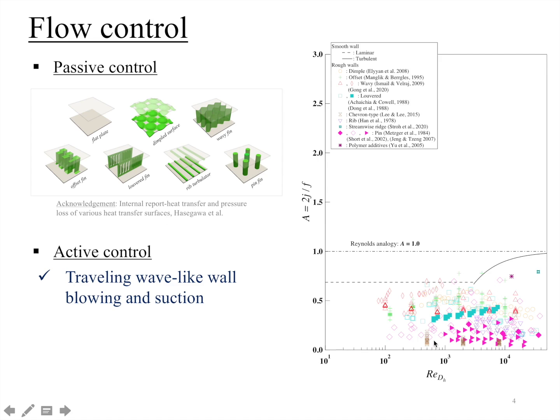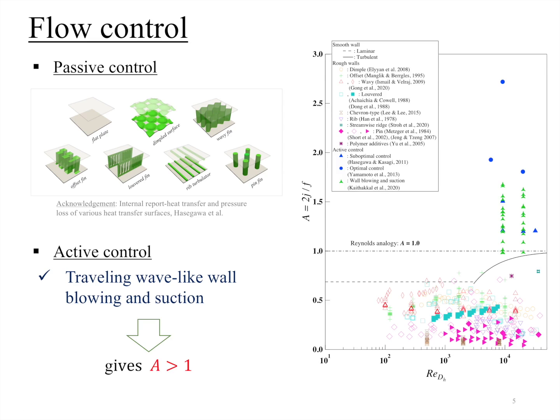And as you can see, almost all the existing passive control techniques result in a value much lower than 1 for the Reynolds analogy factor A. Whereas it has been established that a traveling wave like wall blowing section can achieve a value greater than 1 for the analogy factor, especially under turbulent flow regime.